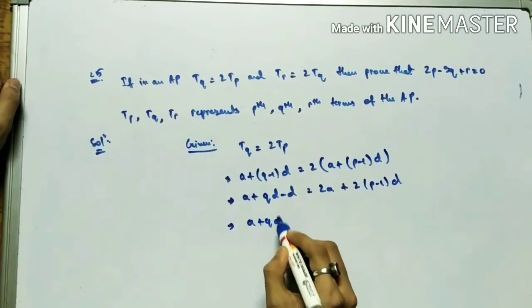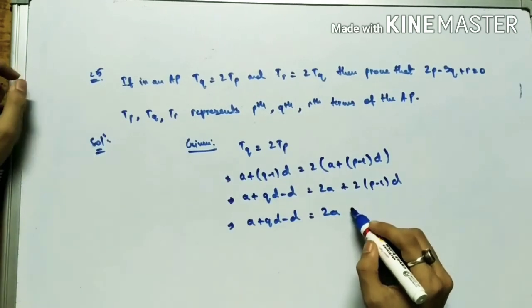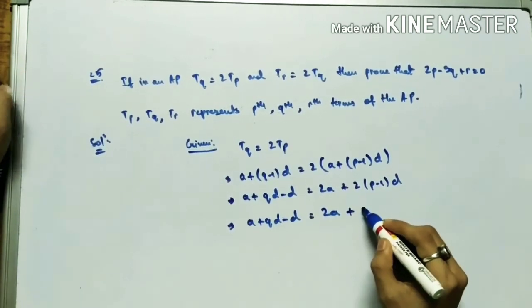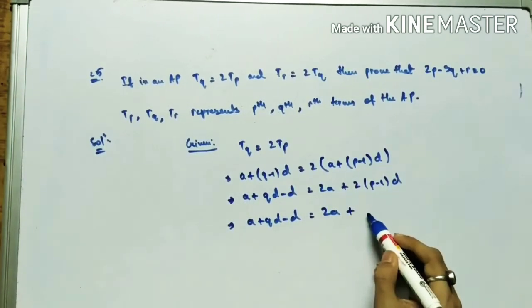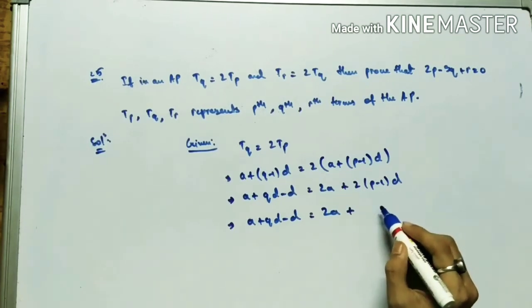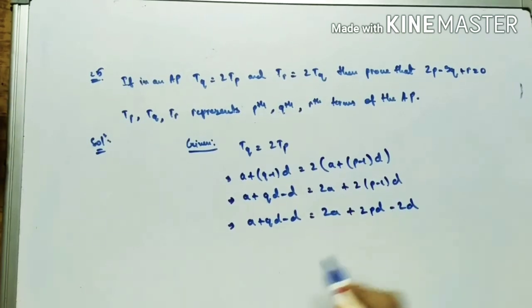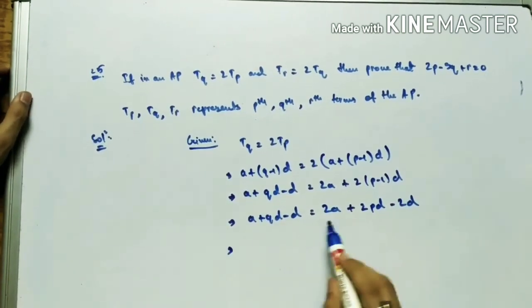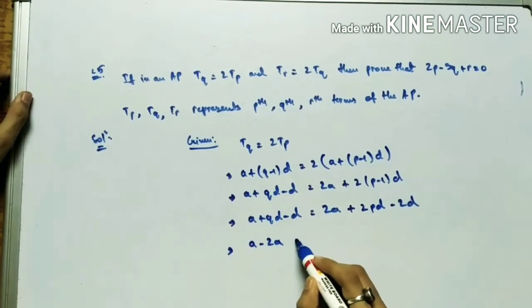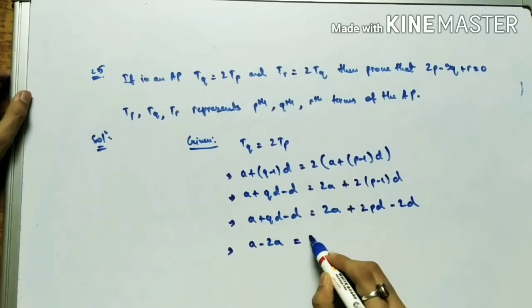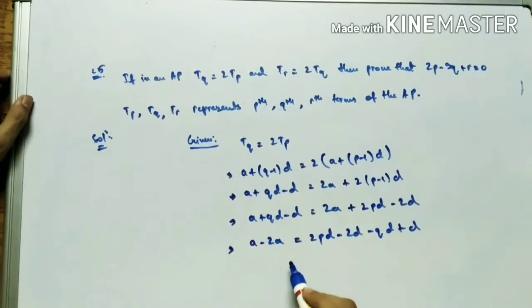Multiplying it, I will get twice PD minus twice D. So this is A plus QD minus D is equal to twice A plus 2PD minus 2D. If I bring A to this side, A minus twice A is equal to 2PD minus 2D minus QD plus D.